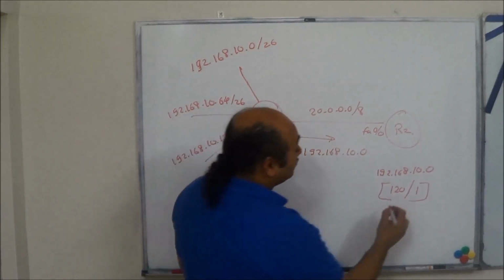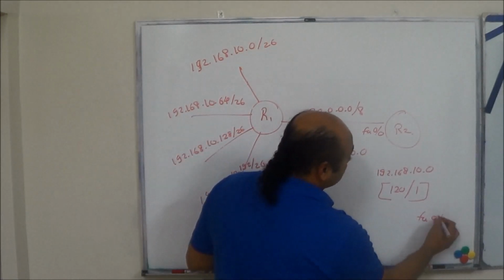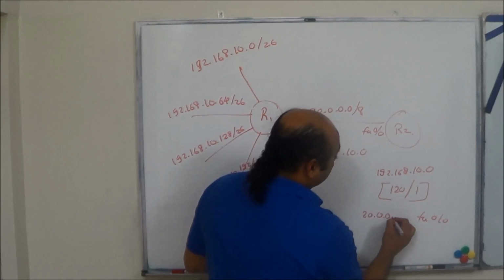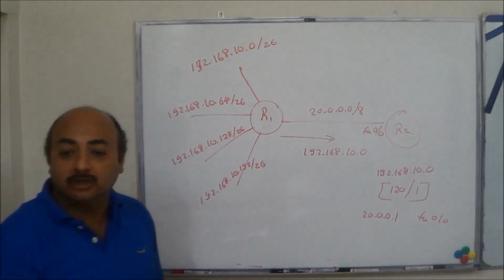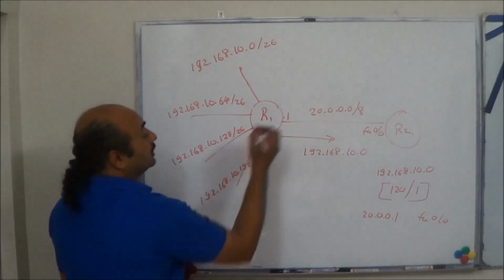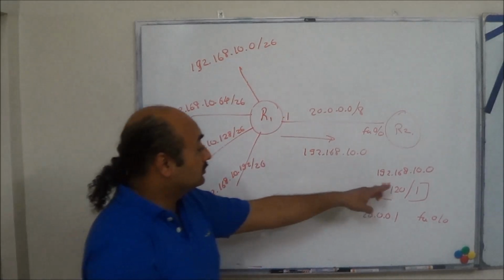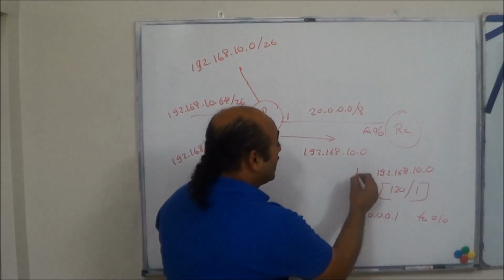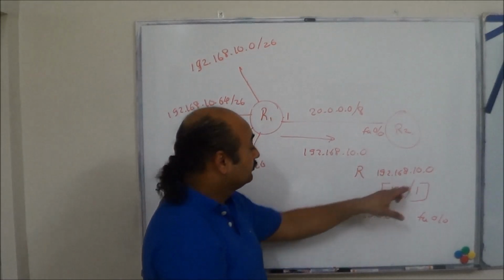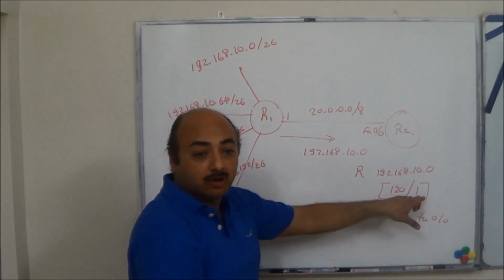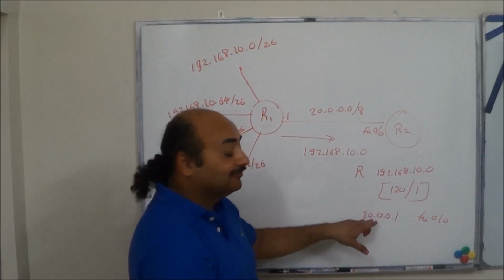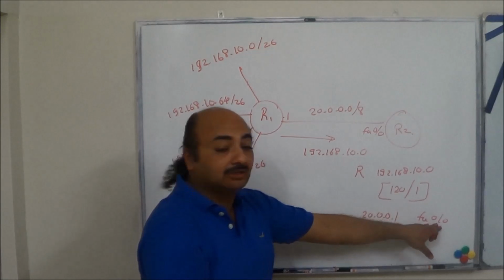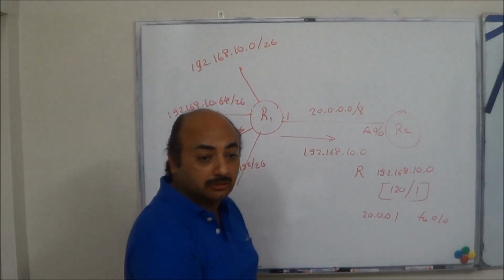Fast Ethernet 0/0, on 20.0.0.1. Right? What is 20.0.0.1? In its routing table, this is what it will install, right? Network, how? R, followed by administrative distance, followed by hop count 1, and via this interface. This is what it will install.